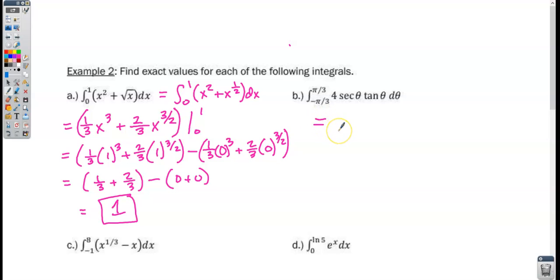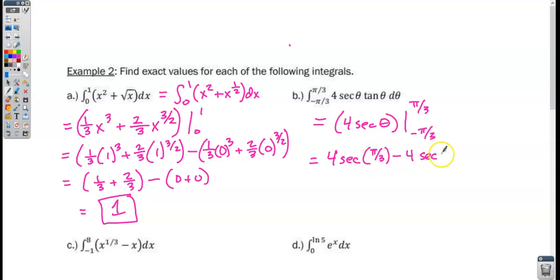Part B, I want to find a function that when I take the derivative of it gives me 4 secant of theta tangent of theta, and that function is going to be 4 secant of theta, which I'm going to evaluate from negative pi over 3 to pi over 3. So this is going to be 4 secant of pi over 3 minus 4 secant of negative pi over 3.